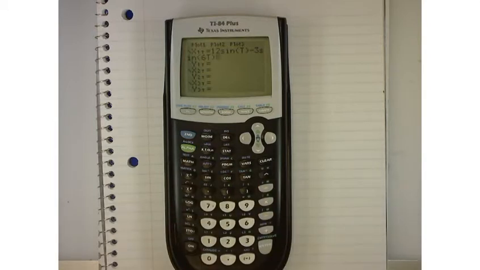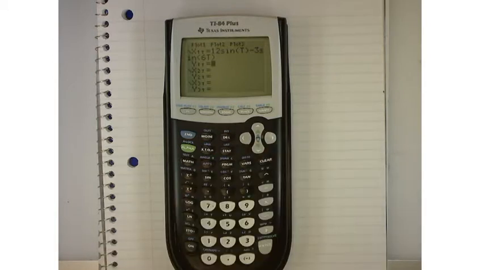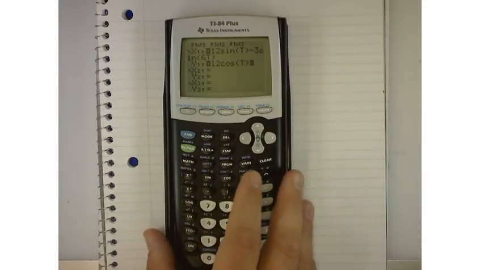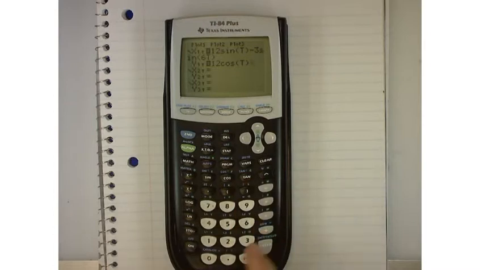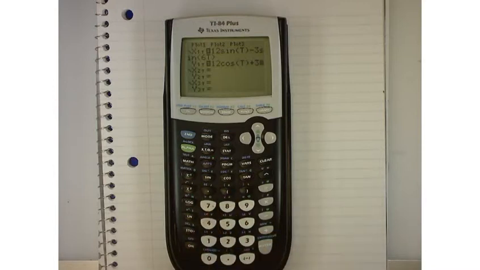And then your Y values are based on the following: 12 cosine of t plus 3 cosine of 6t.